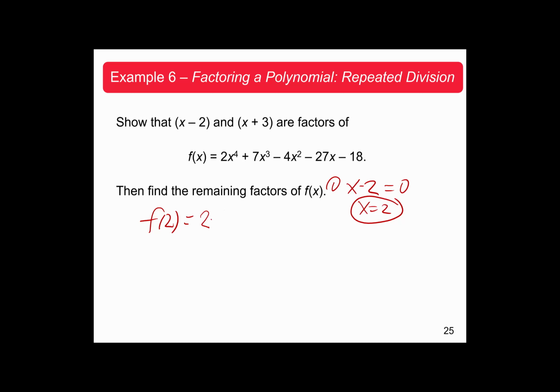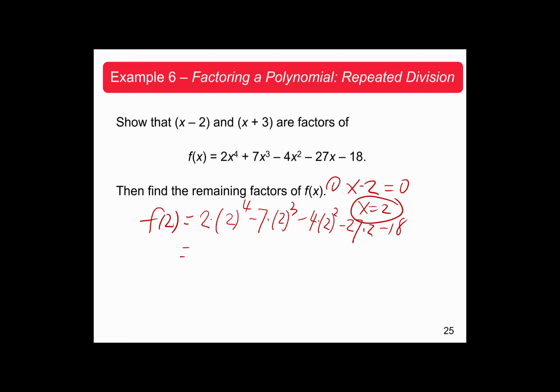So let's check it. 2 times 2 to the 4th power plus 7 times 2 to the 3rd power minus 4 times 2 to the 2nd power minus 27 times 2 minus 18.